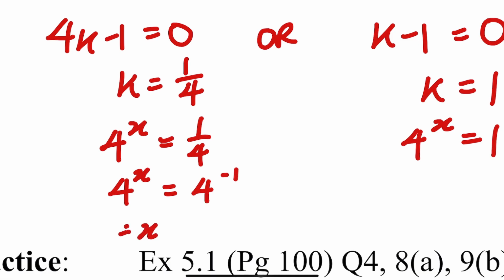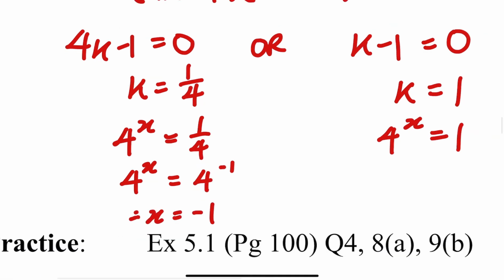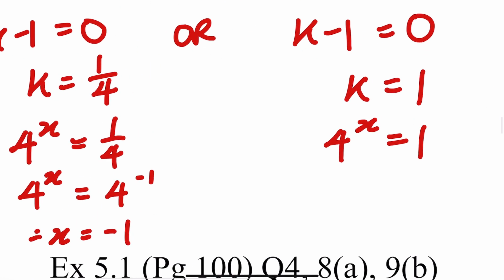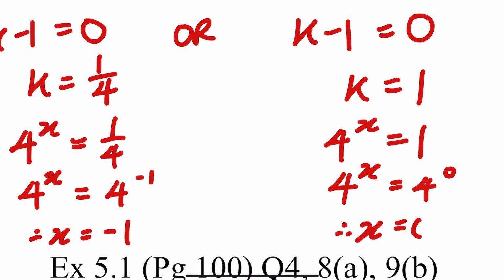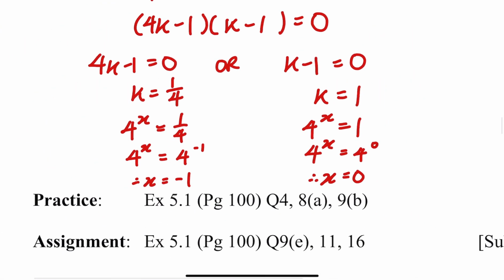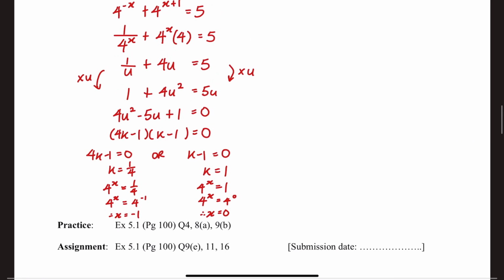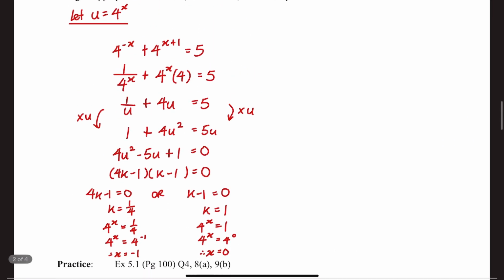Therefore, x equals negative 1. And on the right side, 4 power x equals 1. Anything power 0 is always equal to 1. We can therefore conclude that 4 power x is the same as 4 power 0. Therefore, x equals 0. And with that, I have solved the question to find the two values of x.